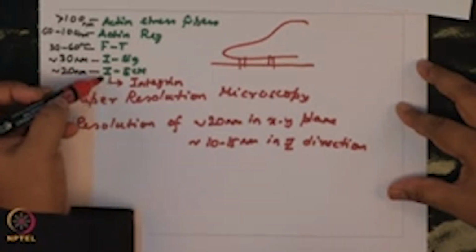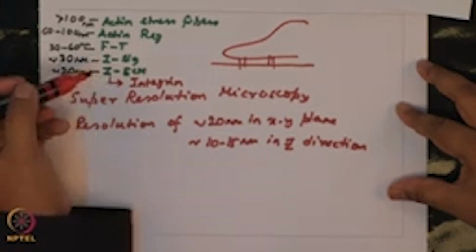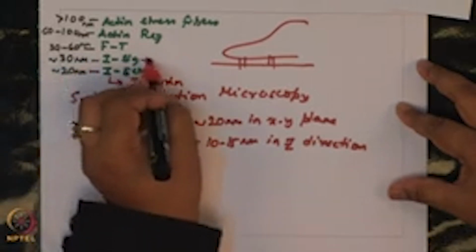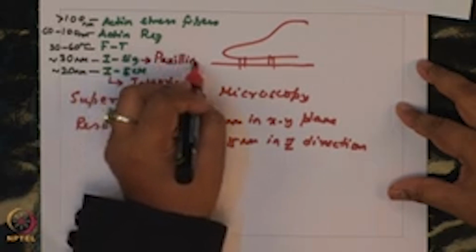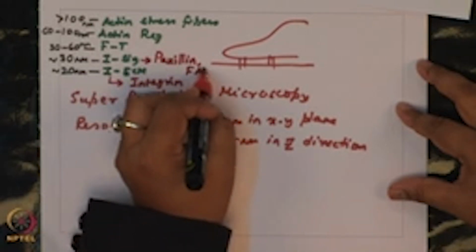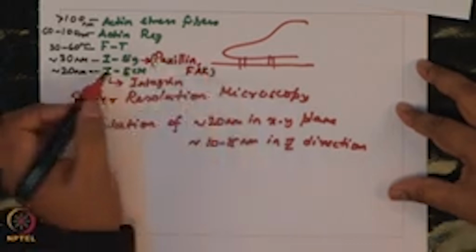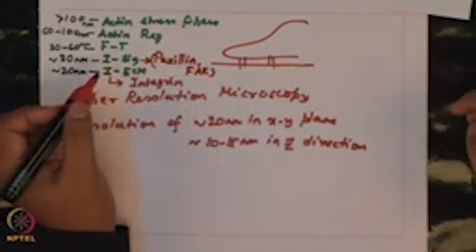Just on top of integrin, you have the integrin signaling layer, and here you have proteins like paxillin and FAK. Both of these proteins can directly bind to integrins.